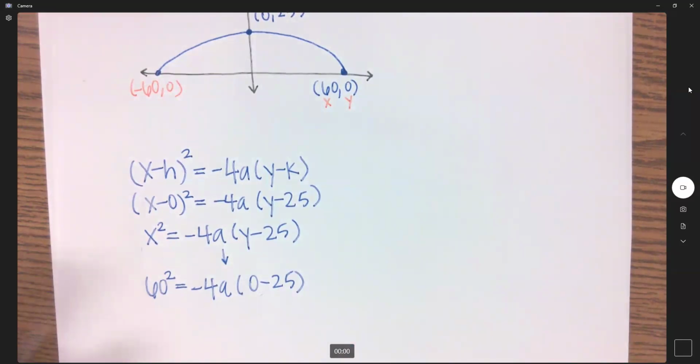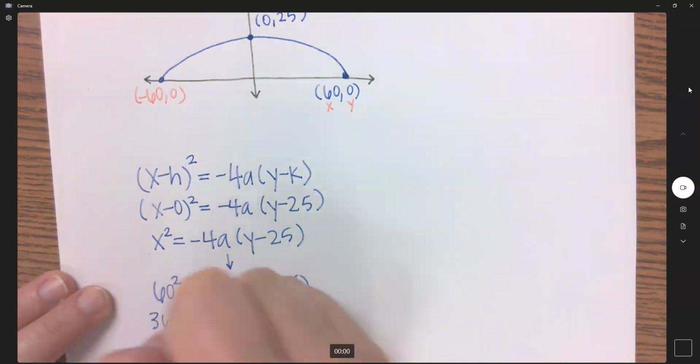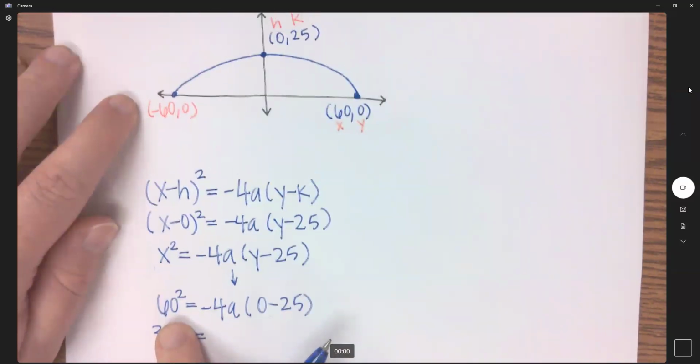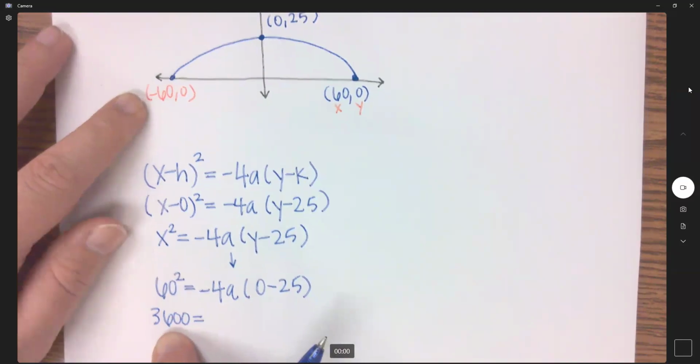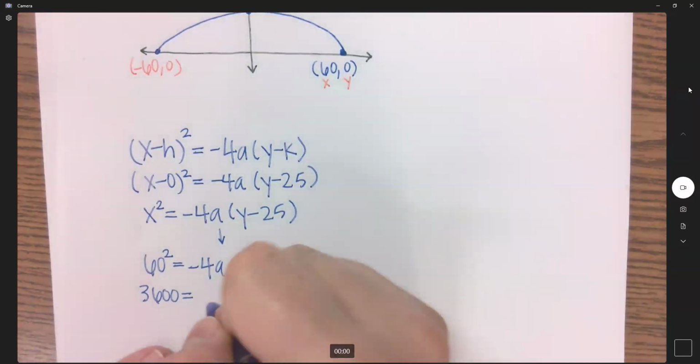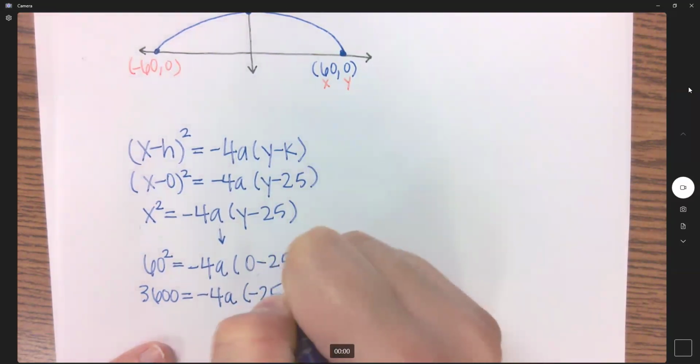So if we solve for a, square this and we get 3,600, which if we use this ordered pair instead, when we square negative 60, we'd still get positive 3,600. So you get the same answer. We have negative 4a times negative 25.